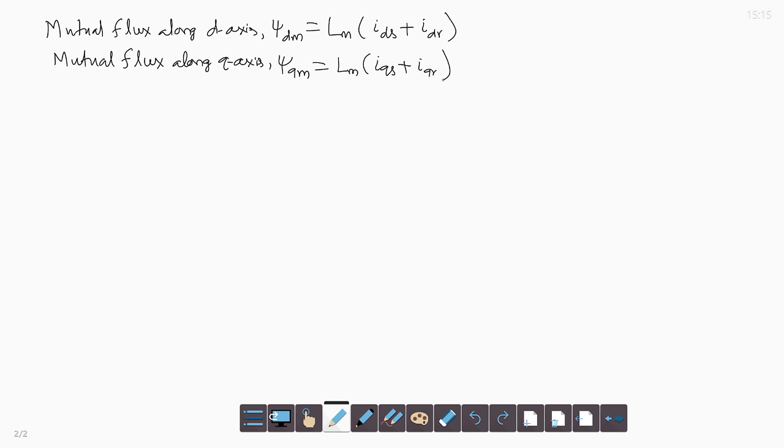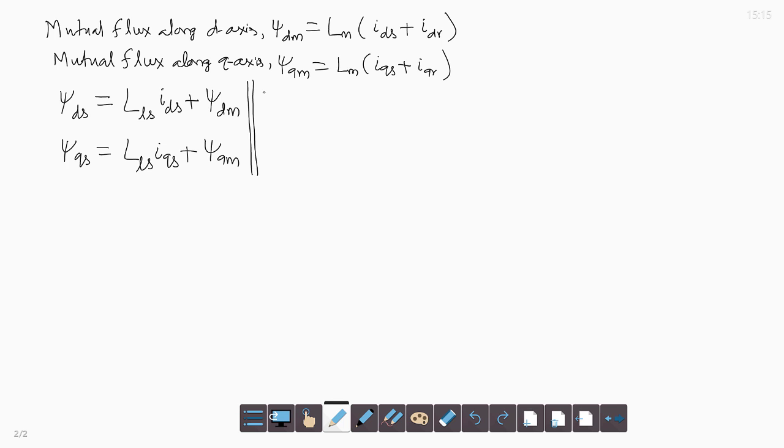So, we have psi ds, the flux of the stator, that is Lls into Ids plus psi dm, and psi qs is the leakage flux linking with the stator plus mutual flux.